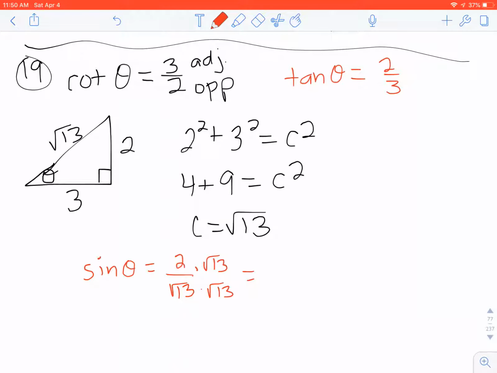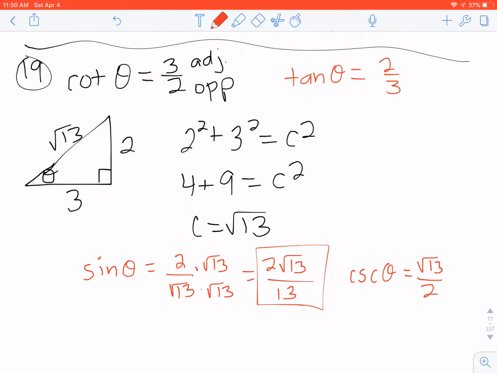Multiply the top and bottom by square root 13. So 2 square root 13 over 13 is your sine theta. The reciprocal of that is cosecant theta. Okay, so you have square root 13 over 2. Again, just take the reciprocal of sine.